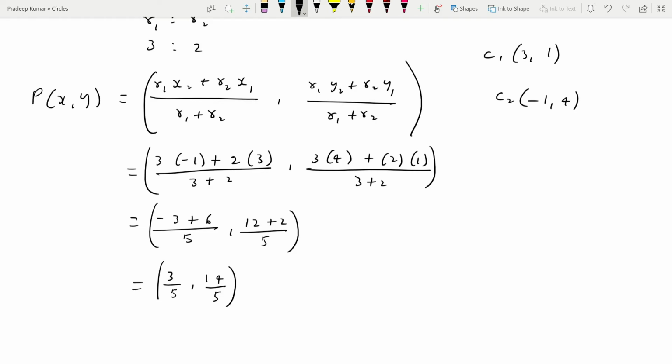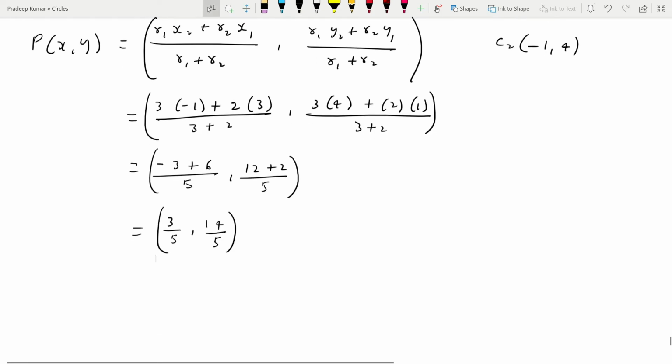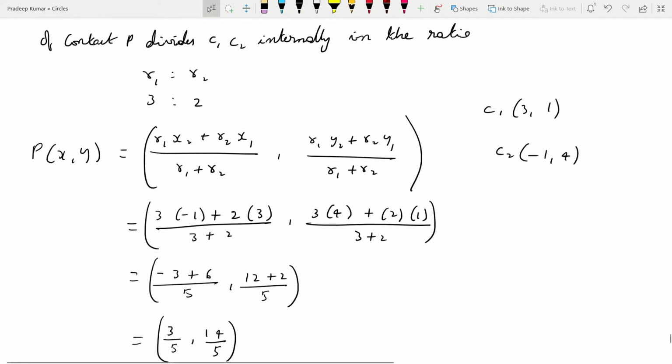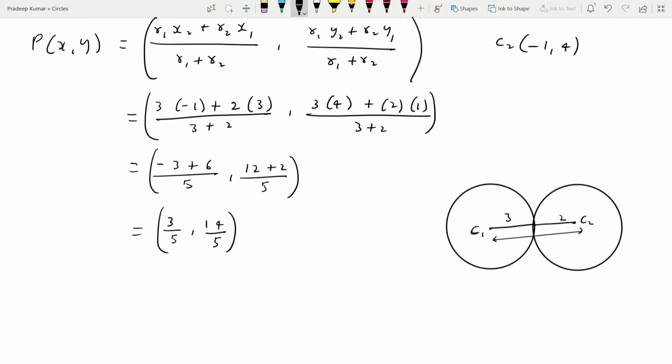So this is the point where both of the circles meet. If we observe the figure, this is the point where both are touching, which we call point P. The point P we got is (3/5, 14/5). So this is the point P where both of the circles touch.